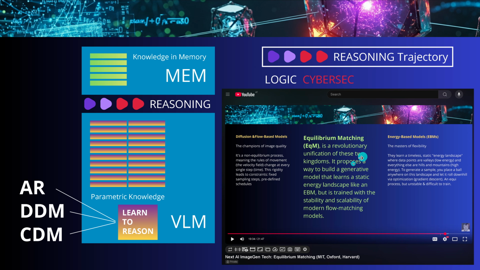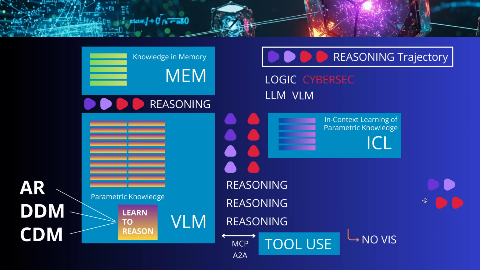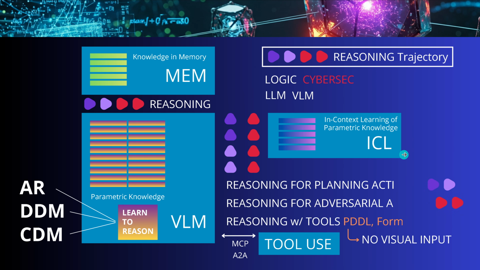This is a revolutionary unification of these two kingdoms, and this is if you want to have a deep dive. But as I told you, we have reasoning as the main object that we have to take care of. This protects us, if you think about cybersecurity, but this allows us a textual reasoning process, maybe a visual reasoning process, maybe an identification of the objects, or maybe a video generation.